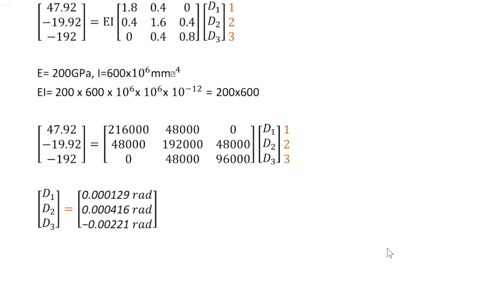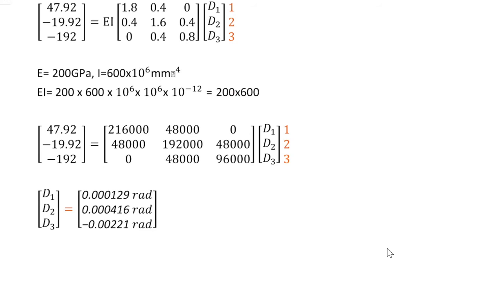So we need to calculate EI first. It is 10 exponent 6, 10 exponent 6, and 10 exponent negative 12. So this will produce 10 exponent 0, 10 power of 0, which is equal to 1. So EI is equal to 200 times 600.